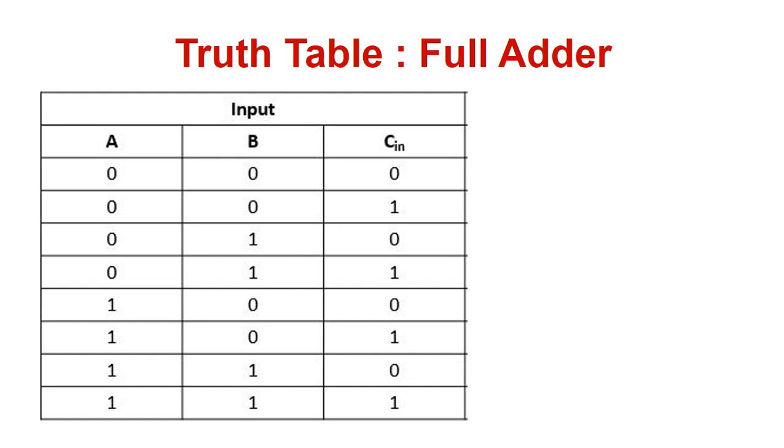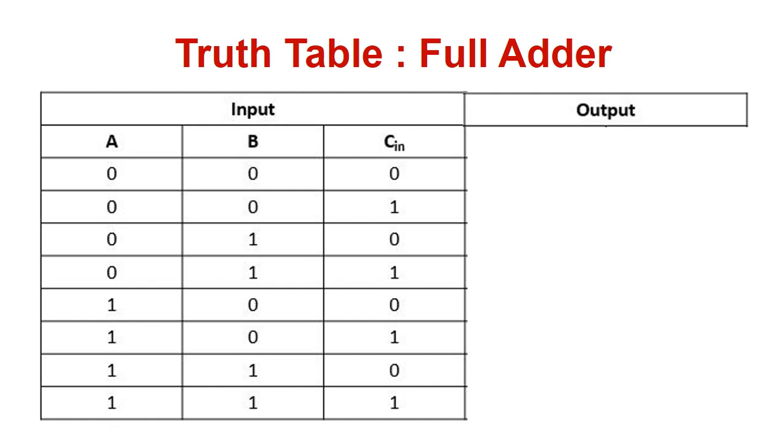Therefore, in actual, we have three variables A, B, and C. Since the full adder circuits are designed for the binary number system, the variables are also binary, and therefore, with three variables, we have 2 to the power 3, that means 8 possible combinations. The combinations are from 000 to 111. So these are the combinations, starting from 000 to 111.